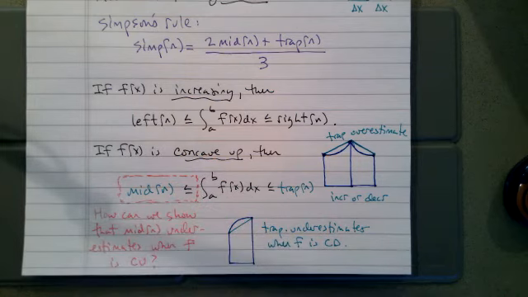How can we make an argument? How can we convince people that the midpoint rule is going to underestimate when a function is concave up? It's easy to draw with the trapezoidal rule. It's a little trickier with the midpoint rule. We have to think about things.